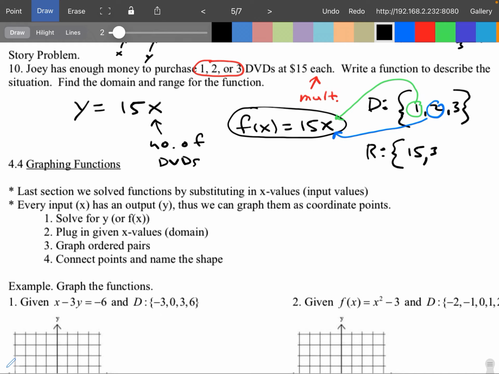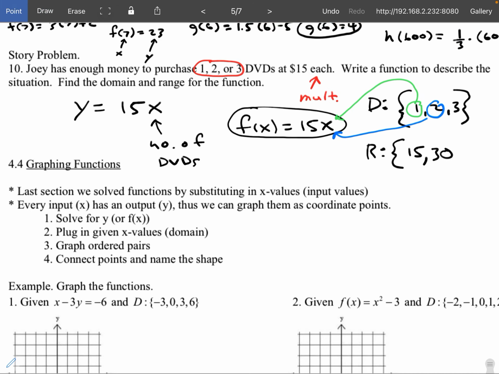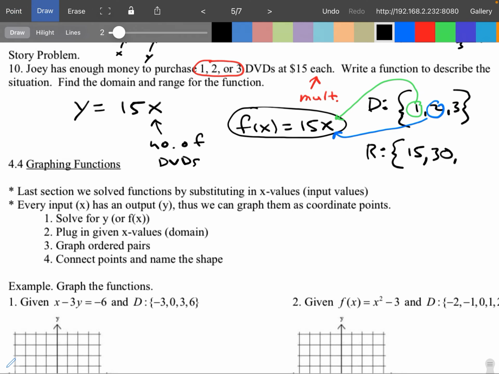So if you plug in 2, substitute 2 in for x, what do you get for y? 30. Yeah, 2 times 15 is 30. And the last one would be 3 plugged in for x. So 15 times 3 is 45.